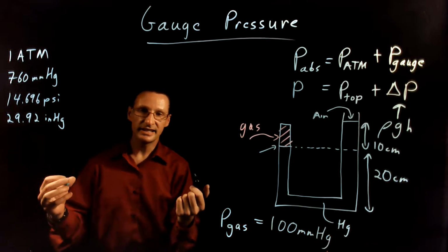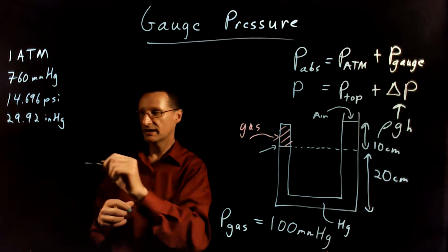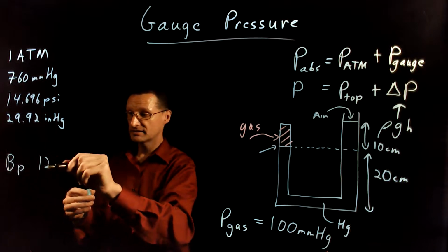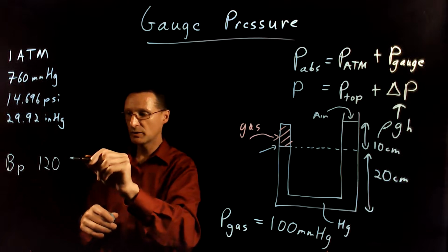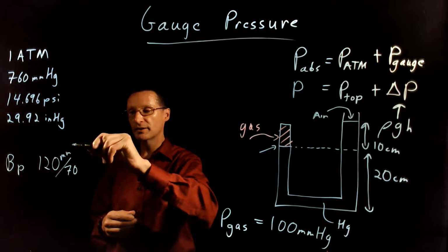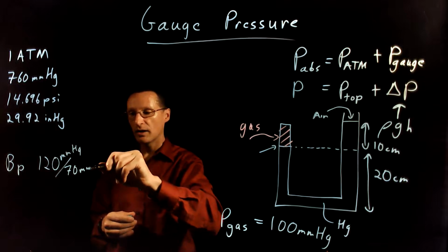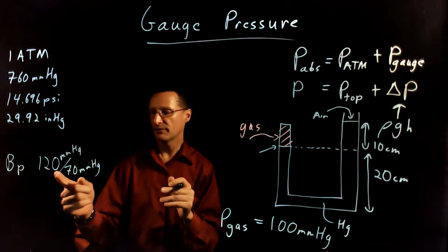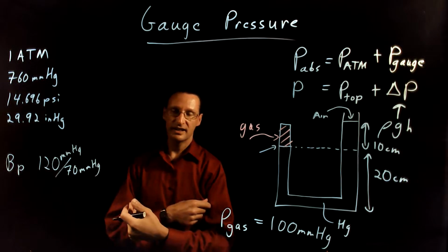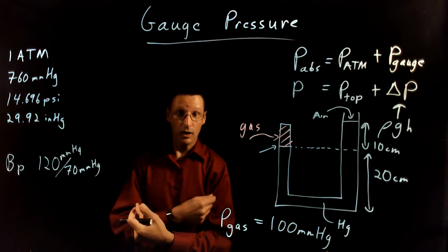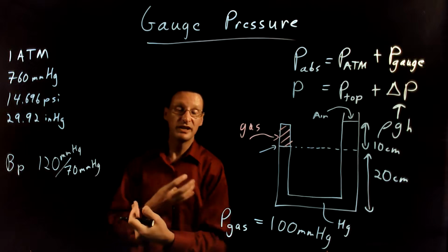You may see this in real life in several different ways. One, you might think of blood pressure. You may have seen that a typical blood pressure is 120 over 70, and these are in millimeters of mercury. So is this gauge pressure or absolute pressure? Well, you can ask yourself, if you puncture someone's blood vessel, does air rush in or does blood come out? Of course, we know blood comes out.